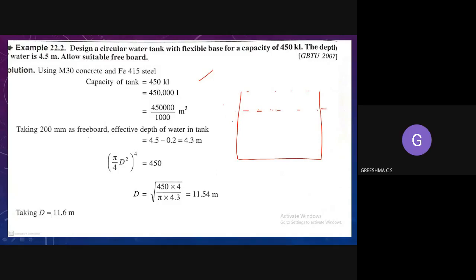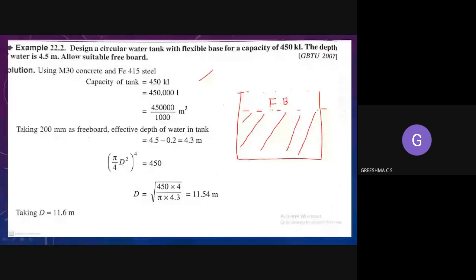Up to here you will have water. The space between the maximum water level and the top of the slab of the circular water tank, since you will have a slab over here, that distance at the top level is what you call freeboard.